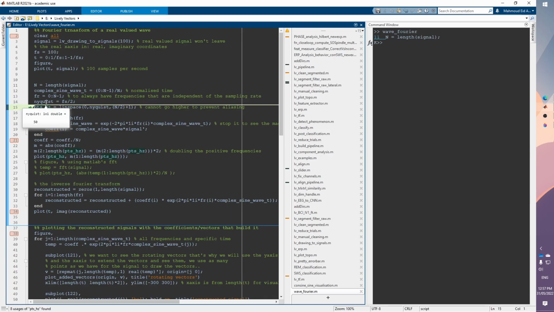So we are defining Nyquist as the sampling rate divided by 2, and it's important to know why we are doing this. I will come to this after this line.